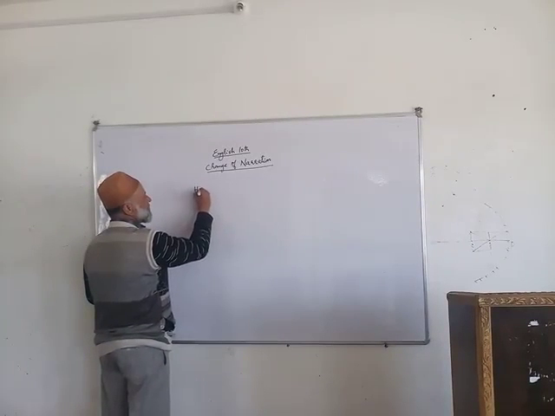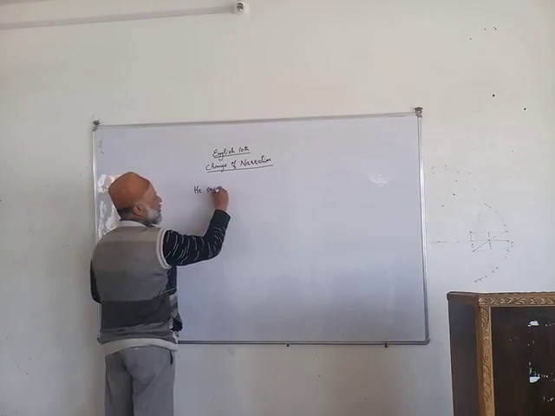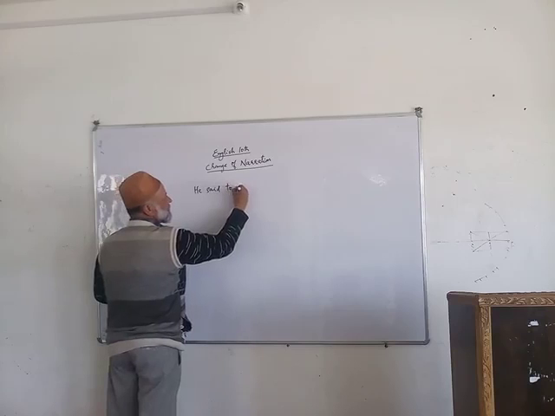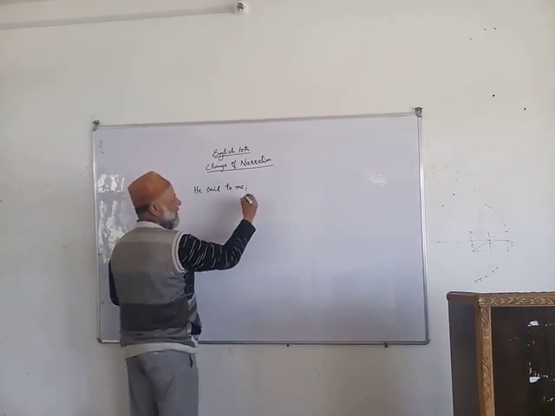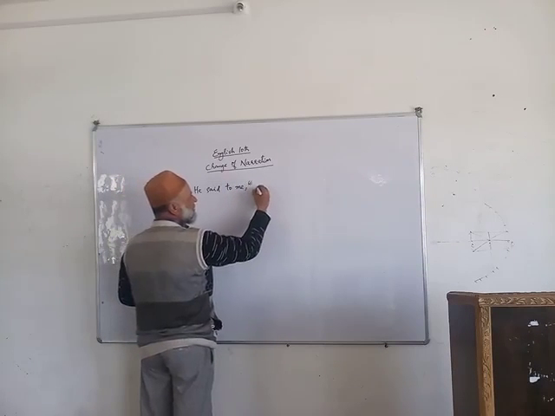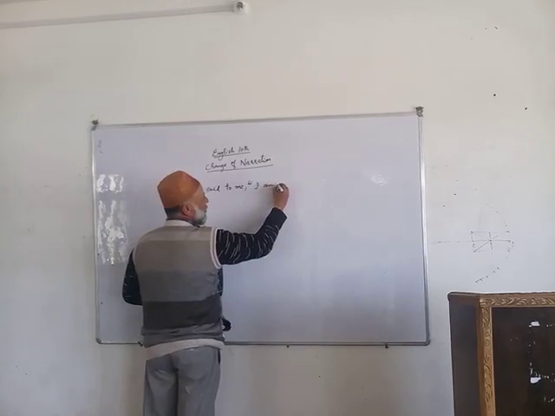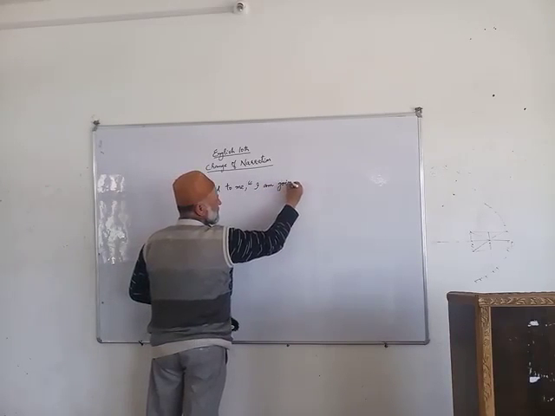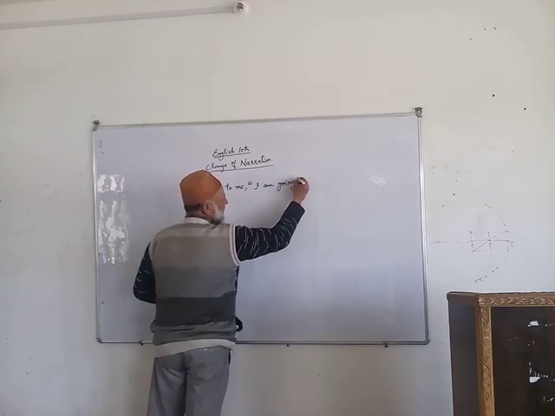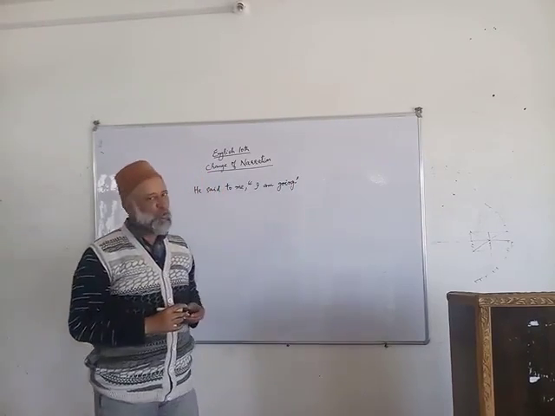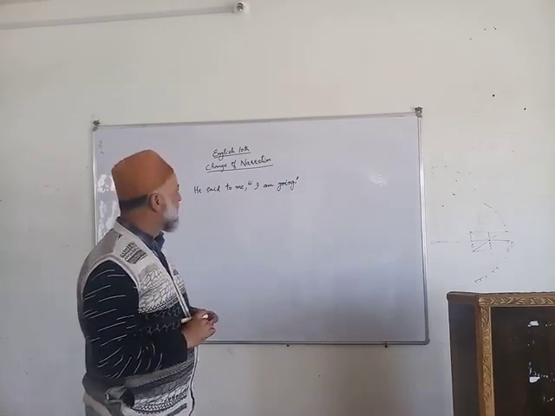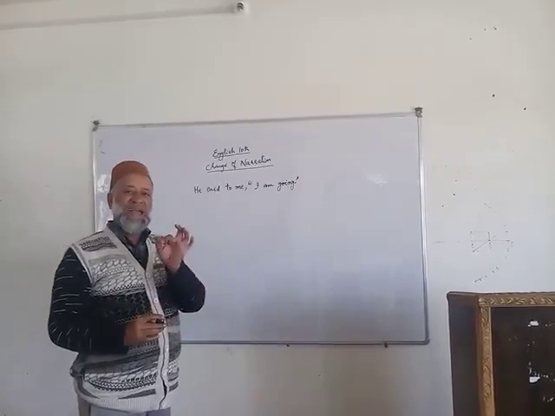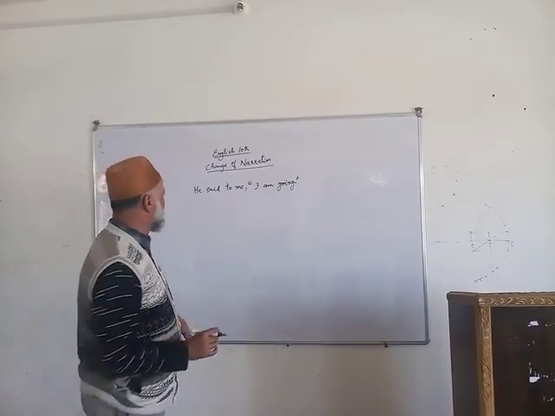He said to me, comma, inverted commas begin, I am going. Full stop, inverted commas close. You know this is a direct sentence, and you know a direct sentence has 2 parts.